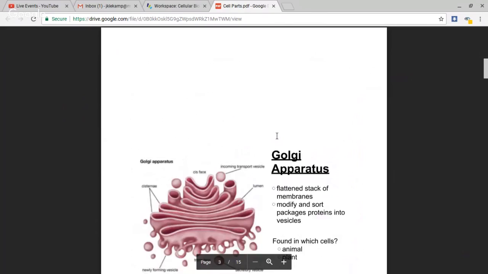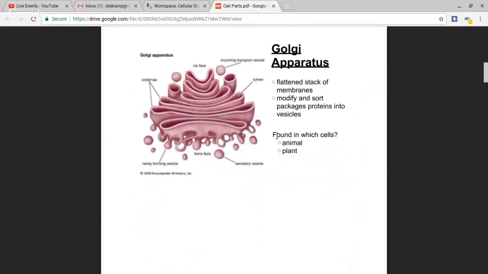The Golgi apparatus is a flattened stack of membranes. It modifies, sorts, and packages proteins into vesicles, and it is used for either accepting incoming transport vesicles or getting vesicles ready to be sent out of the cell.